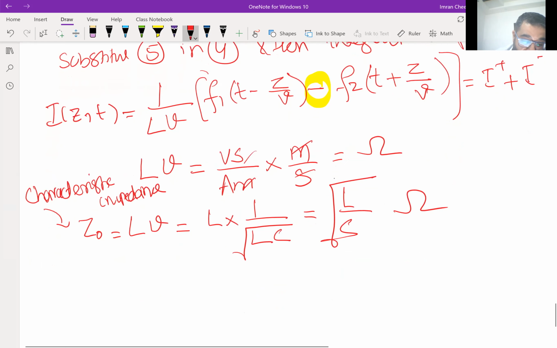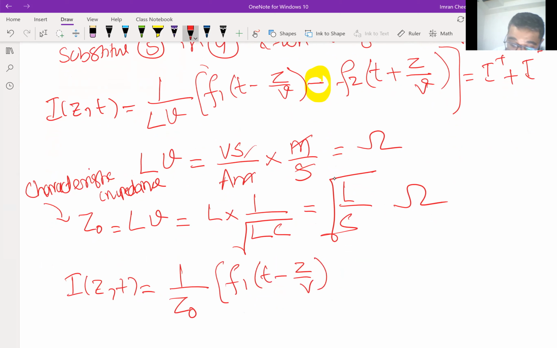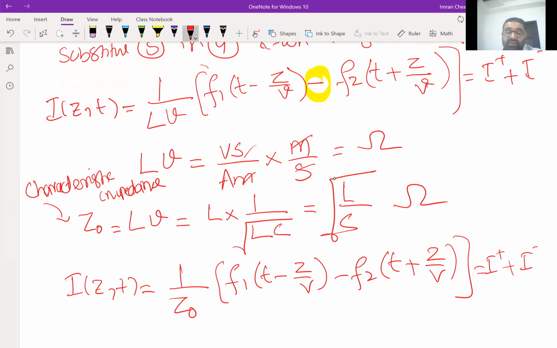So we can say that the current is actually equal to 1 over the characteristic impedance times f1(t minus z over v) minus f2(t plus z over v), which is I plus and I minus.